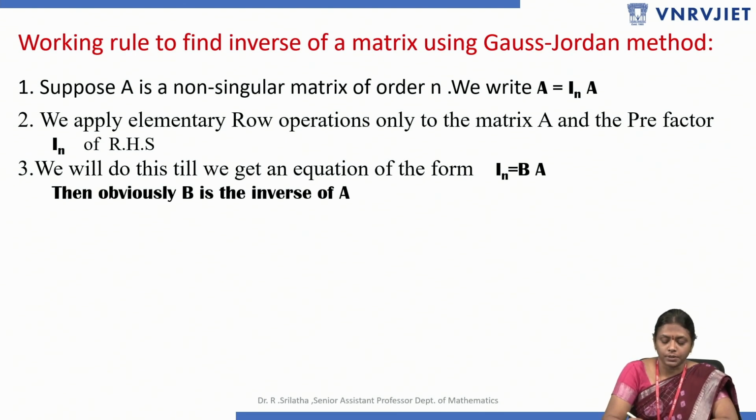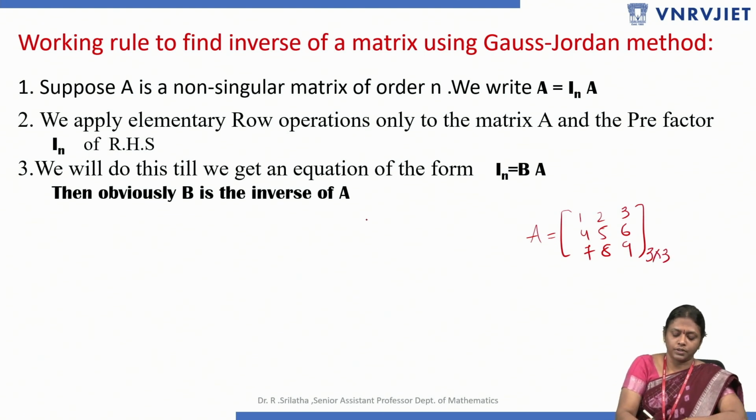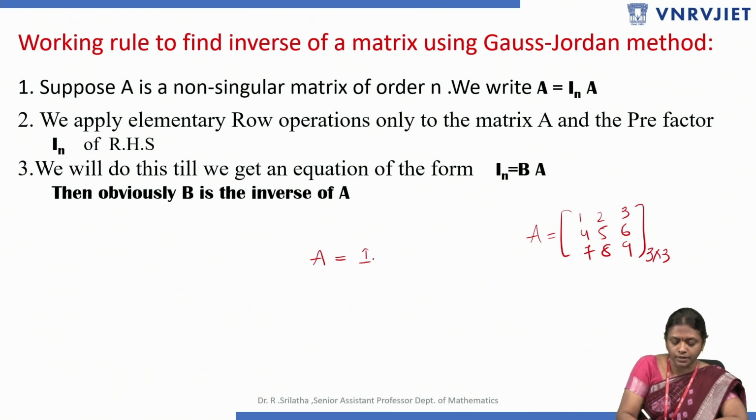Let me take one example. Suppose my matrix A is equal to, let me take any 3 by 3 matrix, 1, 2, 3, 4, 5, 6, 7, 8, 9. What is the order of this matrix? 3 by 3. So what is the first rule? To find the inverse, I write the given matrix A is equal to the identity matrix of order n.